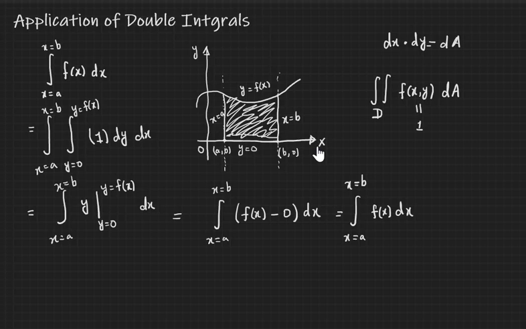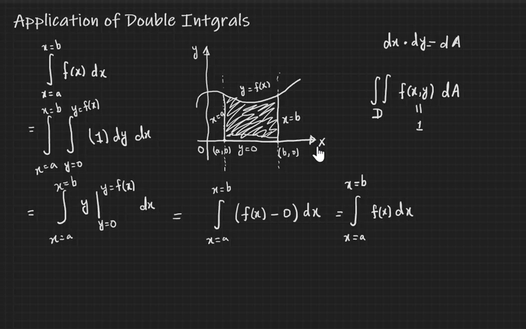The first type was when the limits of integration are all constant numbers, meaning the boundaries are all straight lines. The other format was two of them are constant numbers, the other two are functions of x, and the third type was two of them are constant numbers and the other two are functions of y. So that will give us the area of that region specifically.